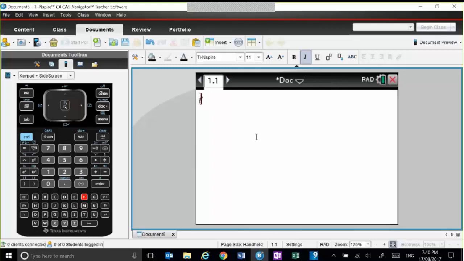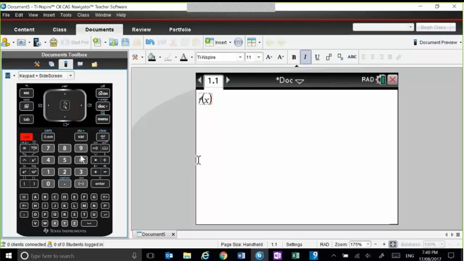So we'll define f of x. So f of x, control, and then assign, and then we type in x to the power of 3 minus k, like so.